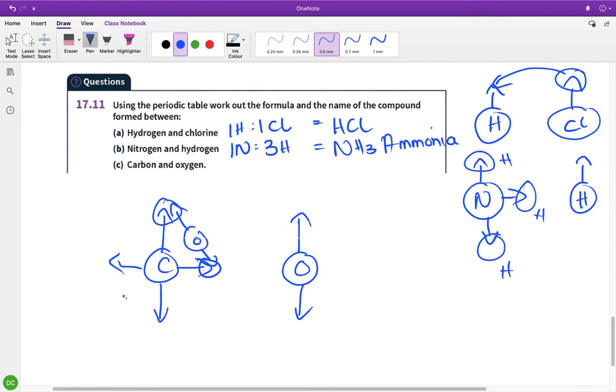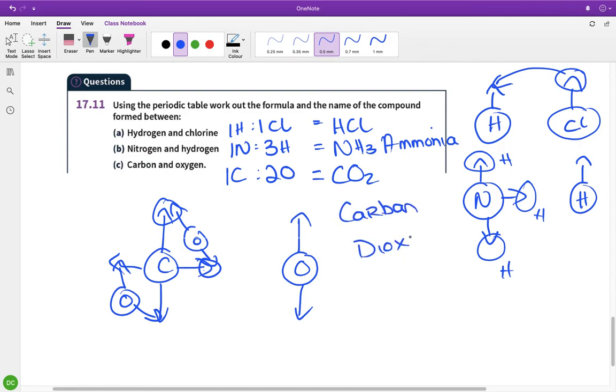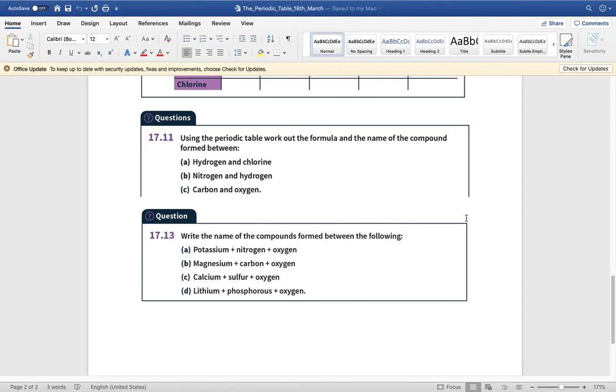Then to deal with these 2, I need another oxygen, because each oxygen has 2. So 1 carbon needs 2 oxygens. That's CO2, which you probably know is carbon dioxide. All right, so that's how you do it. That's probably the hardest question, trying to do that combining power.